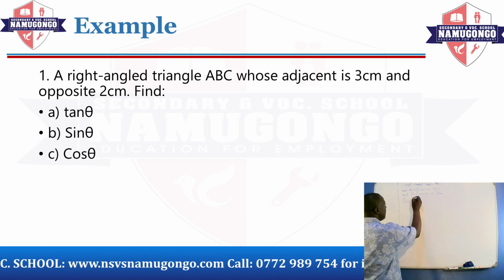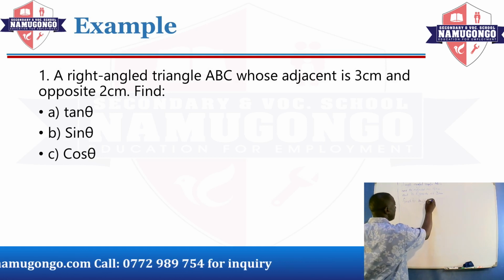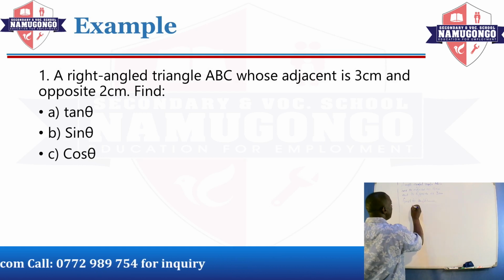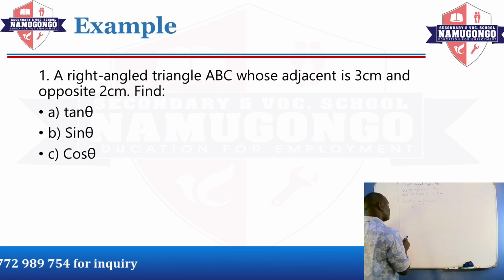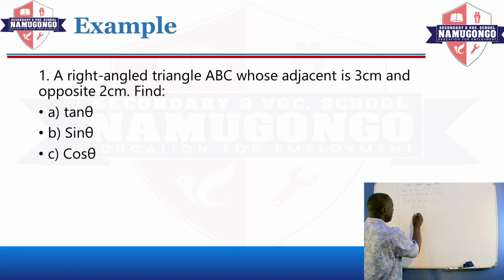Find, Roman 1, the hypotenuse. Roman 2, tan A, sin A, and then cos A.